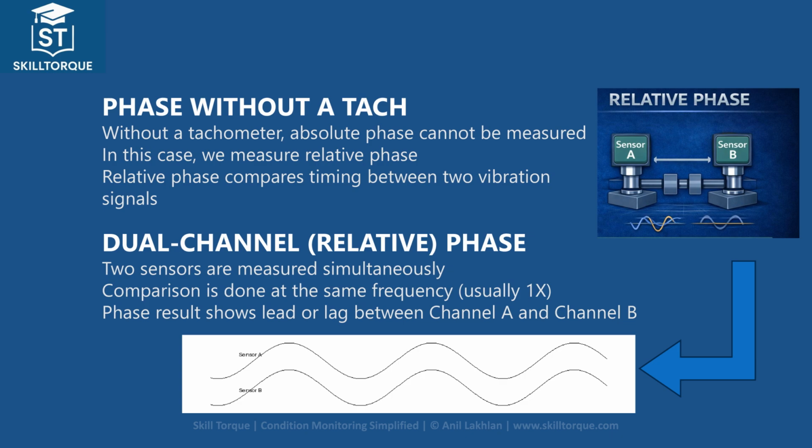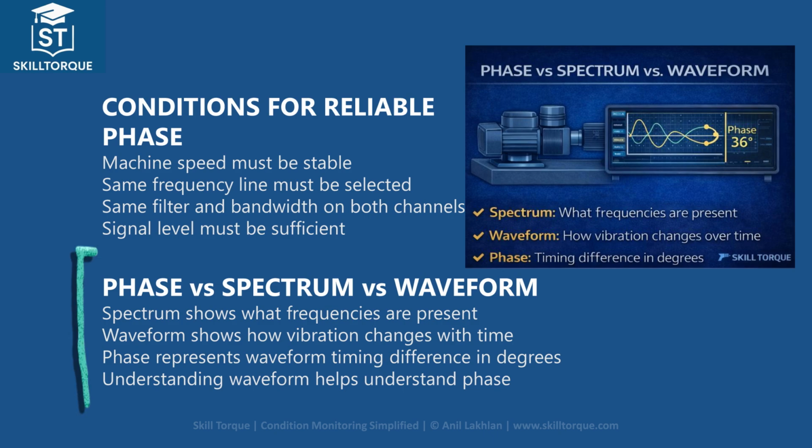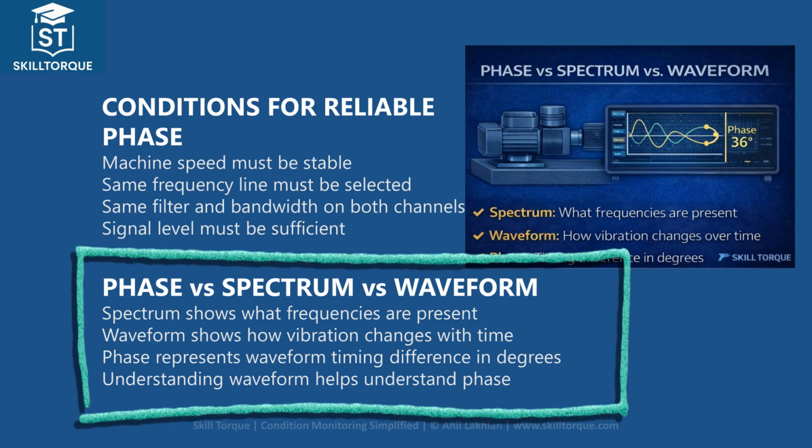Okay, now let's clear a few more important confusions. We have already discussed in a few of our last videos that the spectrum always tells you what frequency exists. The time waveform shows how vibration is changing with respect to time.